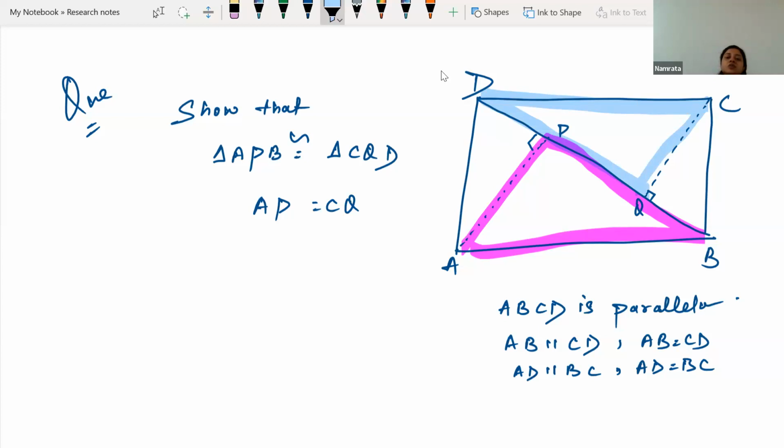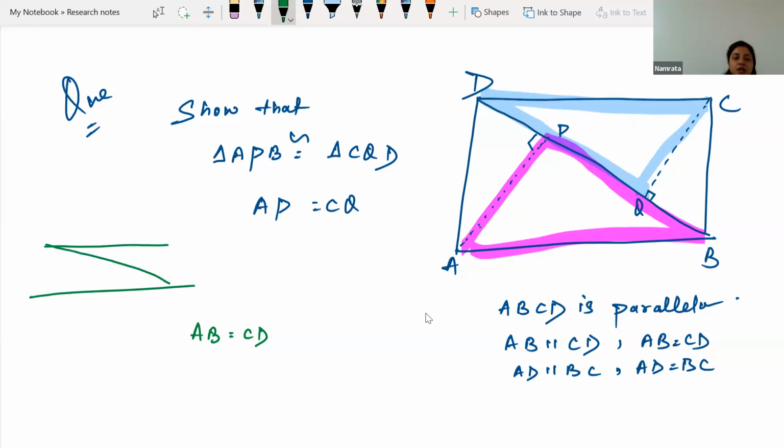Here we know one thing: we already know that AB and CD are the same. One more thing we know, since AB and CD are parallel, and if I take this one as a transversal, then this angle and this angle will be the same.